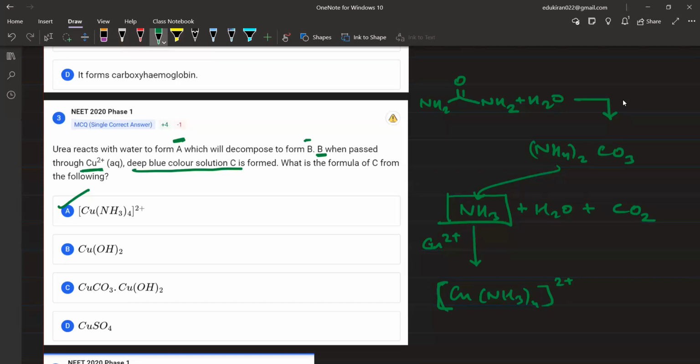So copper sulfate is also blue color, right? CuSO4. Because it is copper 2 plus na, copper sulfate में भी.